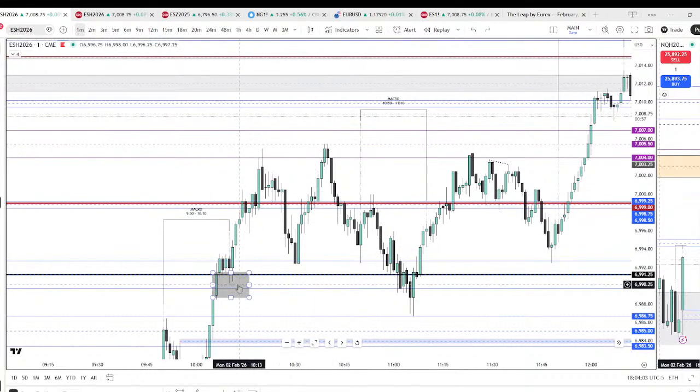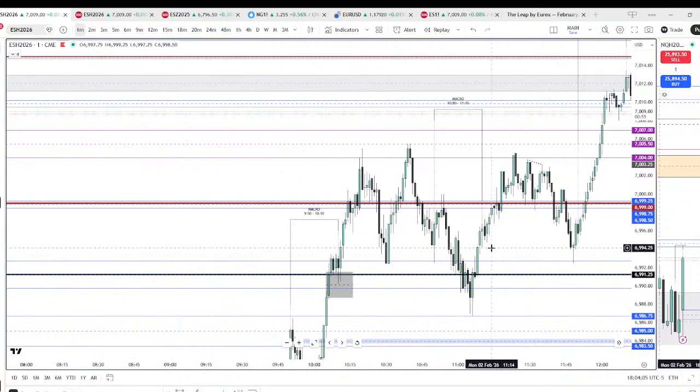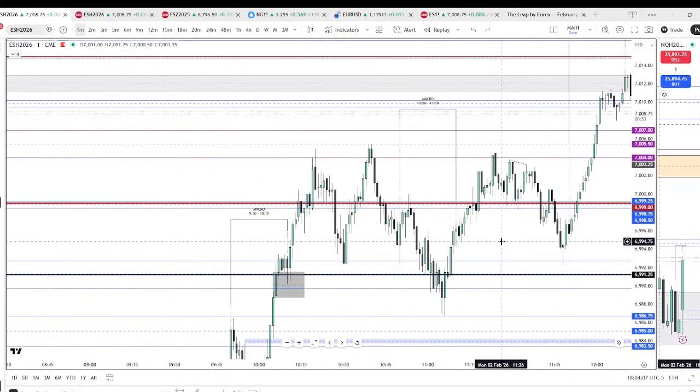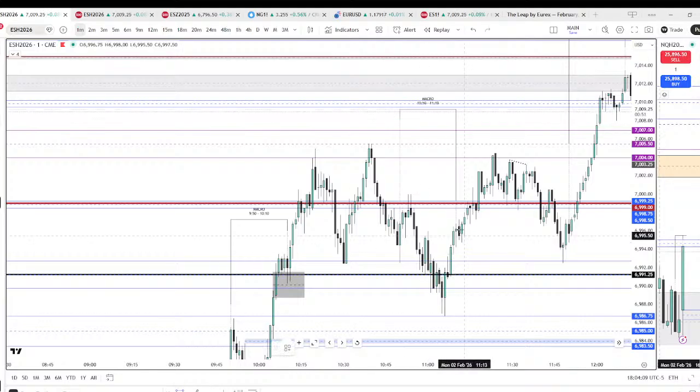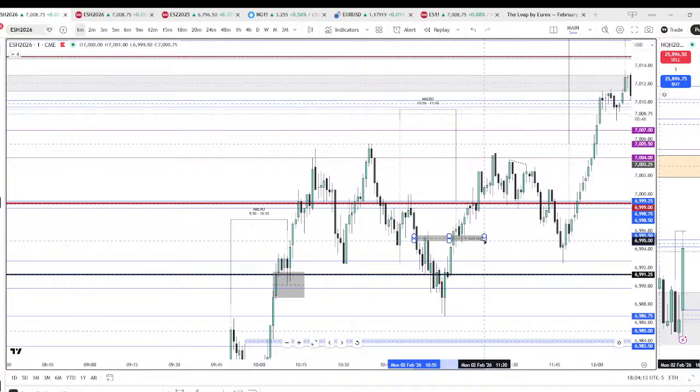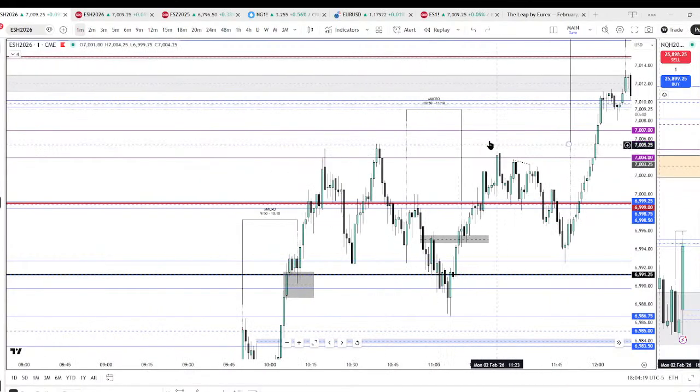break lower, take out the sell side, and we start moving off of the inversion level right here post macro. Back into that new week opening gap.